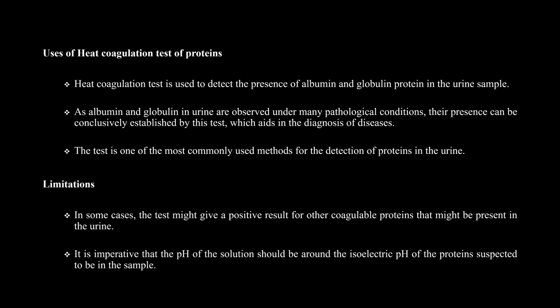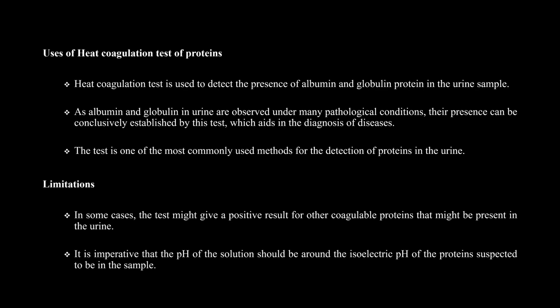The heat coagulation test is used to detect the presence of albumin and globulin protein in the urine sample. Albumin and globulin in urine are observed under pathological conditions. Their presence can be established by this test, which is one of the most common methods to detect protein in the urine.